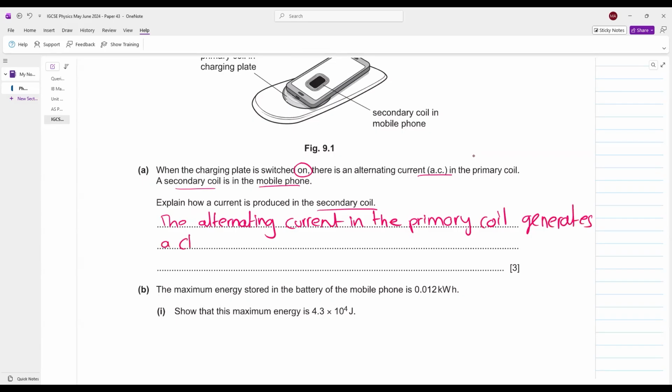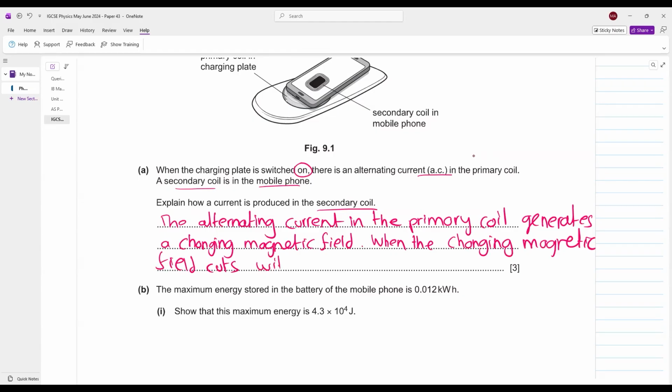Generates a changing magnetic field. When this changing magnetic field cuts with the secondary coil, it induces, yeah, it produces a current in the secondary coil.